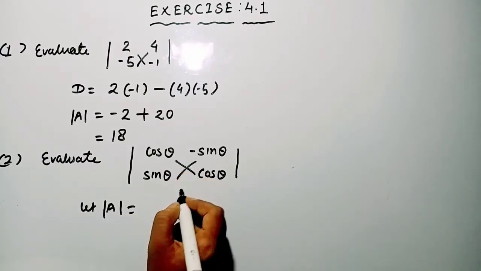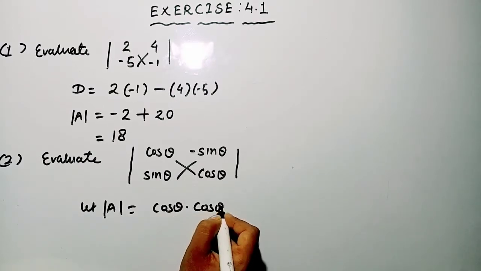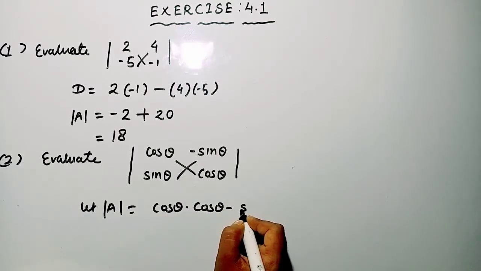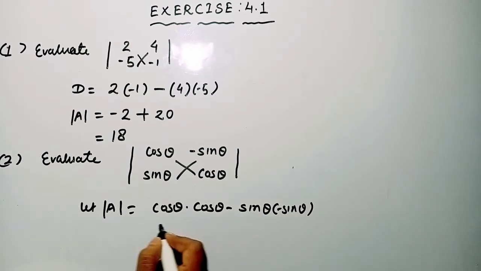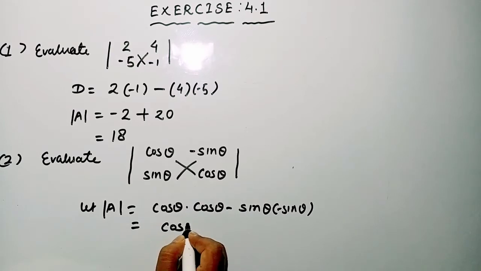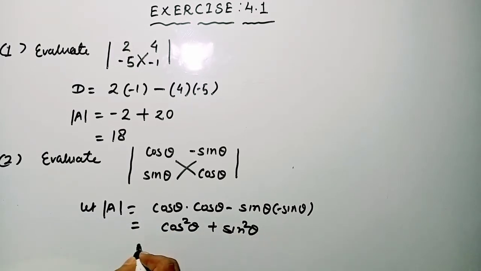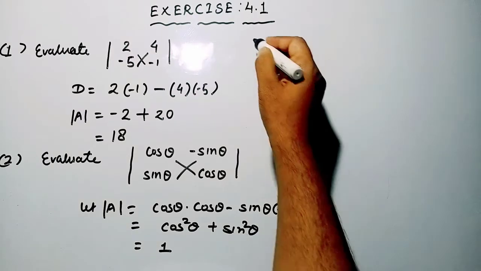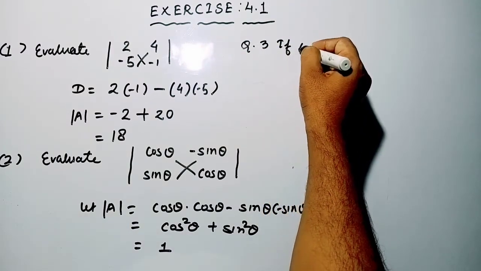So determinant A is cos theta into cos theta minus sin theta into minus sin theta. Now multiplying, cos square theta, and minus minus becomes plus, there will be sin square theta. So we know that the value of this identity is always 1, because cos square theta plus sin square theta is 1.